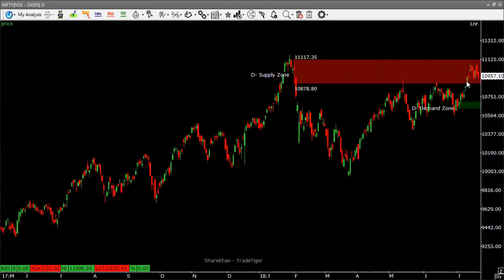If the supply zone was very strong, price would have immediately come down like it did a couple of days back here and here. But as you can see, the first time price moved till here, the second time price moved only till here, and the third time there's only a very small bounce. Subsequently price would go up and violate this area of supply.